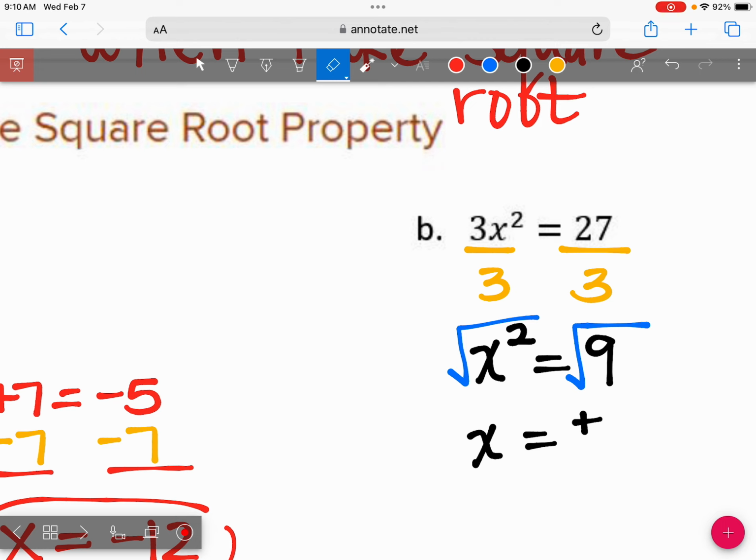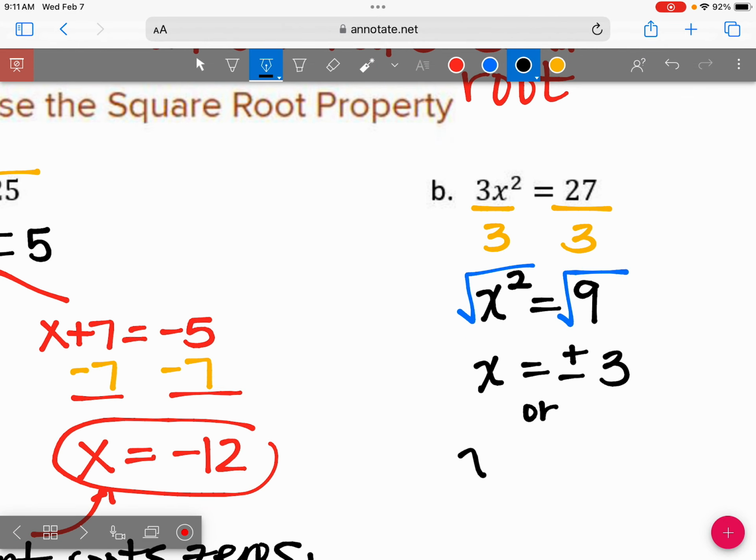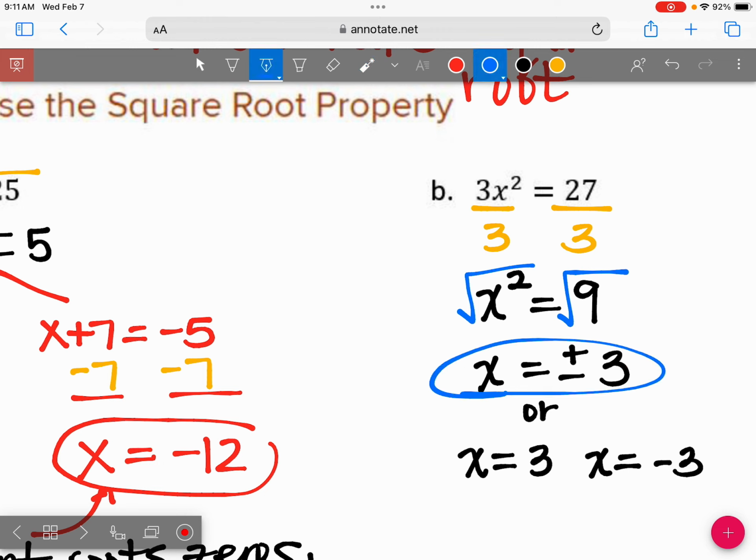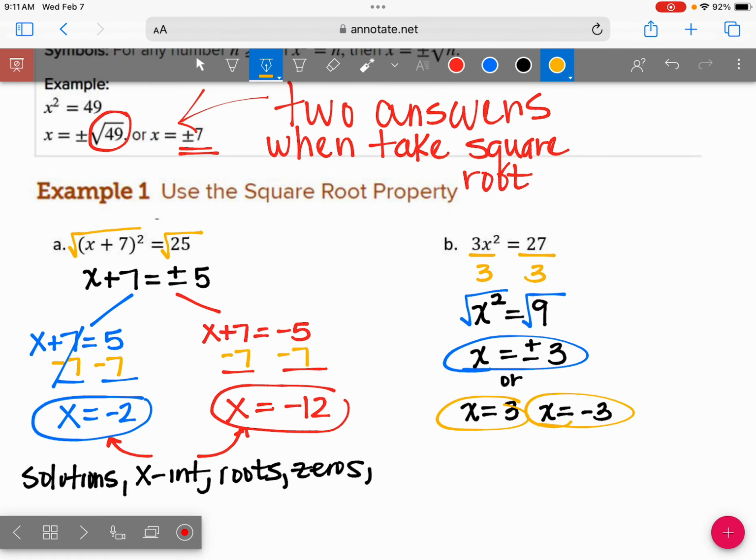I mean x, not x squared. So x equals positive and negative 3. Or you can write it separately and say x equals 3, x equals negative 3. So you can either put that plus minus in front to show that it's 2 different answers, or you can separate them. And that would be your solutions. Any questions so far?